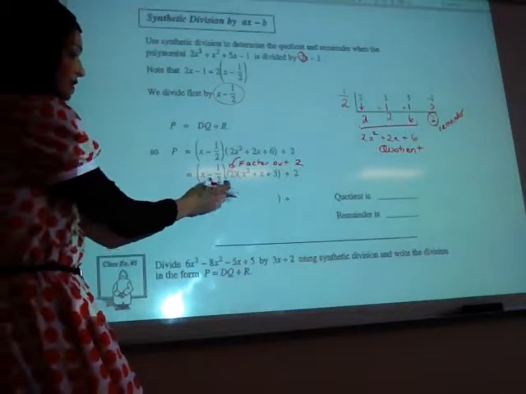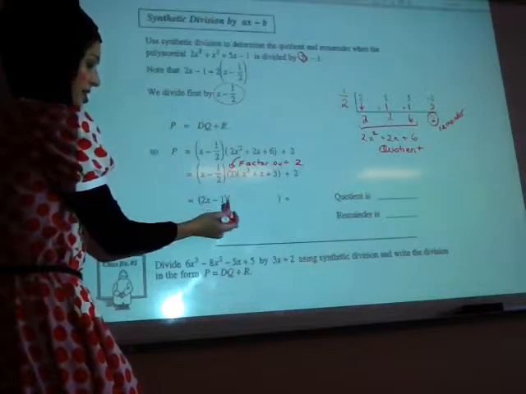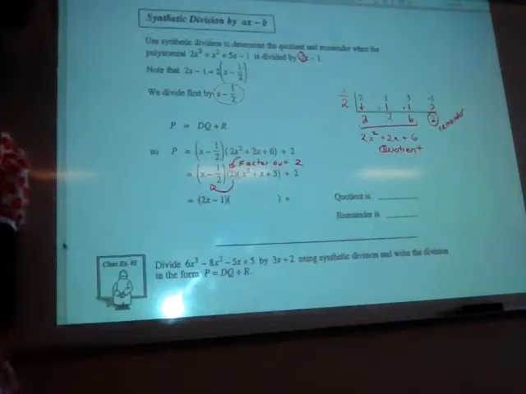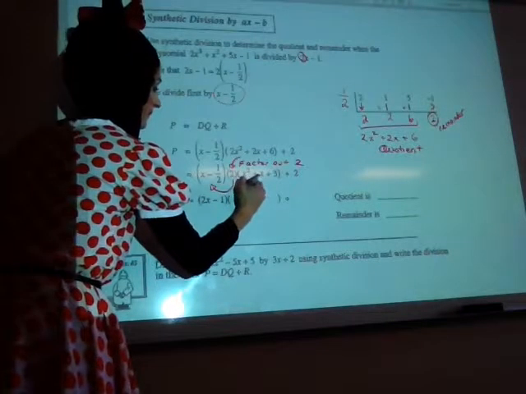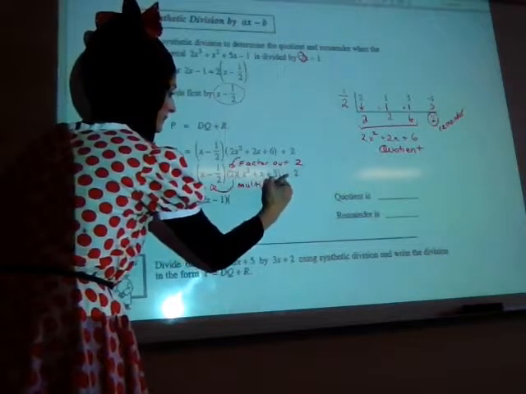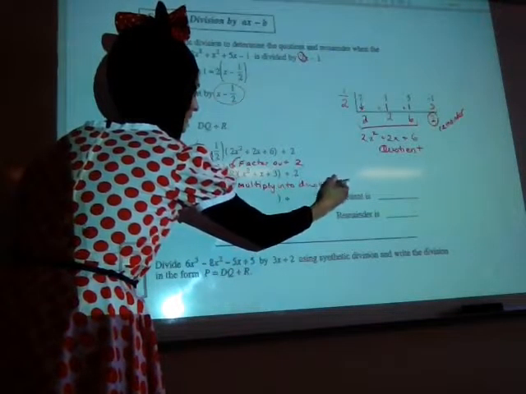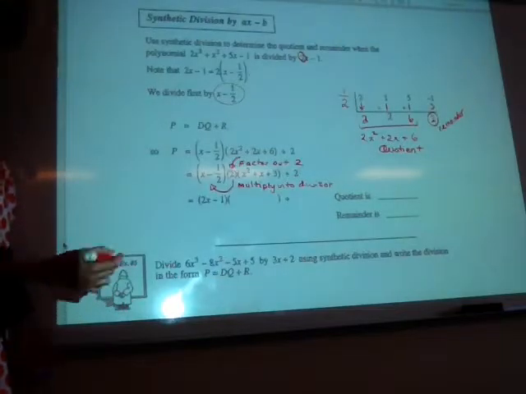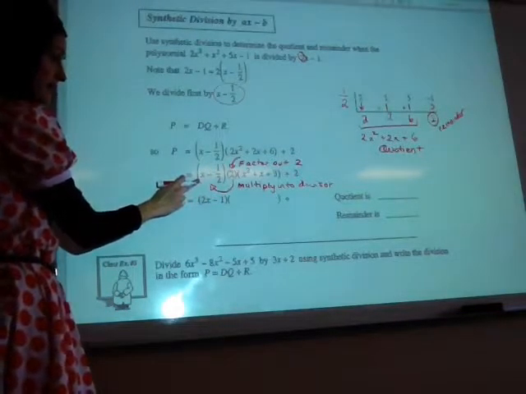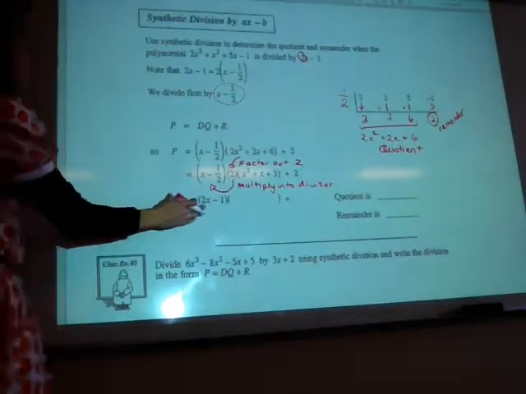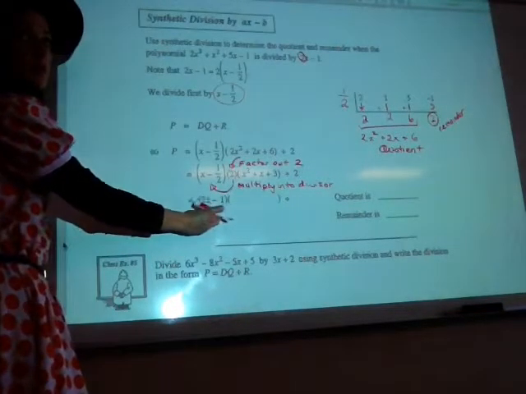Then from this step to this step, we're going to multiply that 2 back into the divisor. And when we do that, we get 2x, and half times 2 is just 1. So we have 2x minus 1. That's our original divisor.